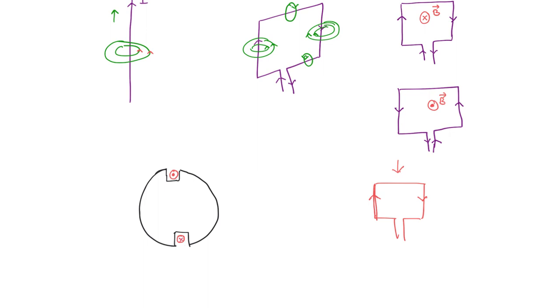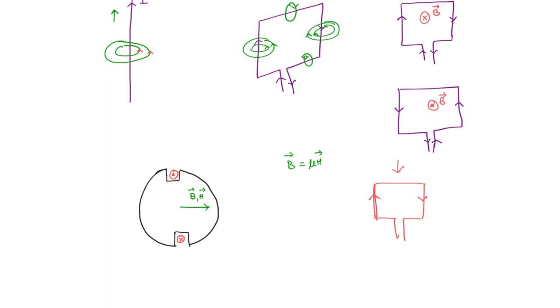Now what will be the direction of magnetic field for this coil? If you apply the right hand rule, you will get that the direction of magnetic field in the interior is going to be in this direction. So this is the magnetic field B bar. H bar, the magnetic field intensity, will also be in the same direction because B bar is equal to mu times H bar, right?